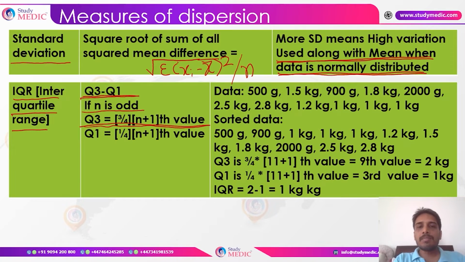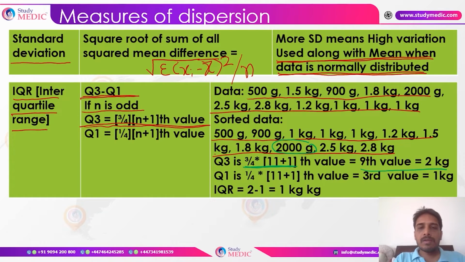For example, in this data set the birth weight is recorded. After sorting this in increasing order, 500 gram is the least and 2.8 kg is the highest. Now what is quartile 3? 3/4 of n plus 1, where n is 11, is equal to the 9th value. So this is the quartile 3 value.